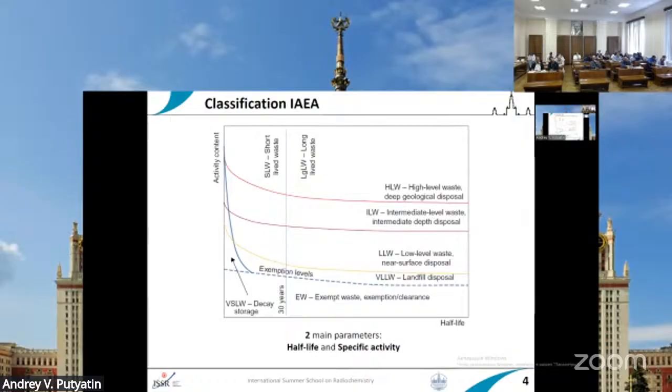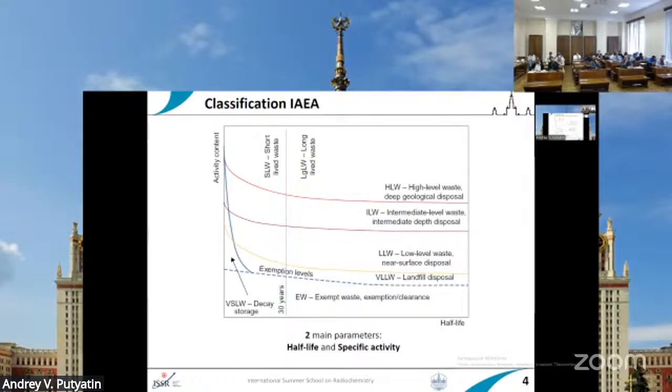More or less the same situation applies for radioactive waste, but in this case the first sorting is based on two main parameters: the half-life of the radionuclides inside our material, and the specific activity.